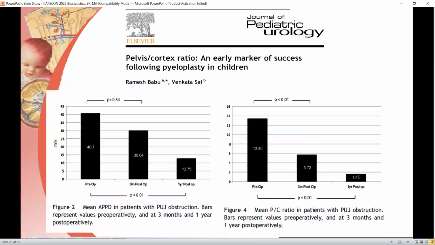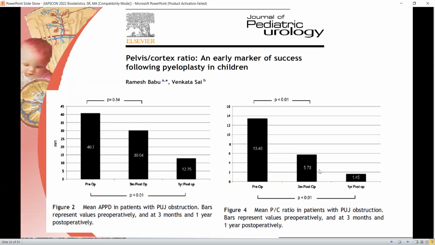So in making illustrations catchy and simple, I still like bar diagrams much better. It looks very simple, but this is one of the bar diagrams which I often show. It shows that if you use the pelvis size alone, there's a gradual decrease over 1 year, and to see the difference you have to wait until 1 year.